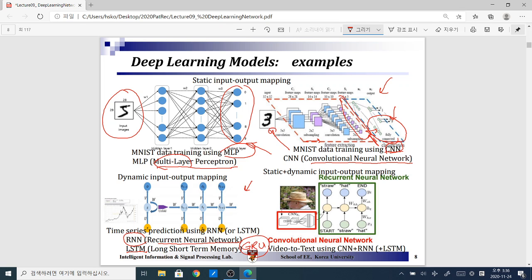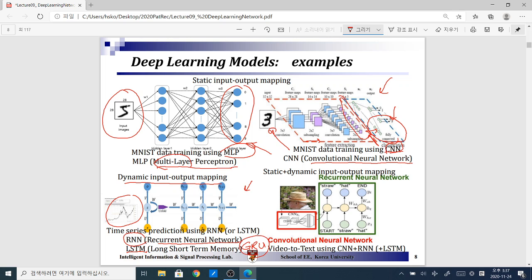This could be used for dynamic input-output mapping, meaning the type of input we have here would be sequential data, for example, time series, or how spoken language would be uttered in sequence.